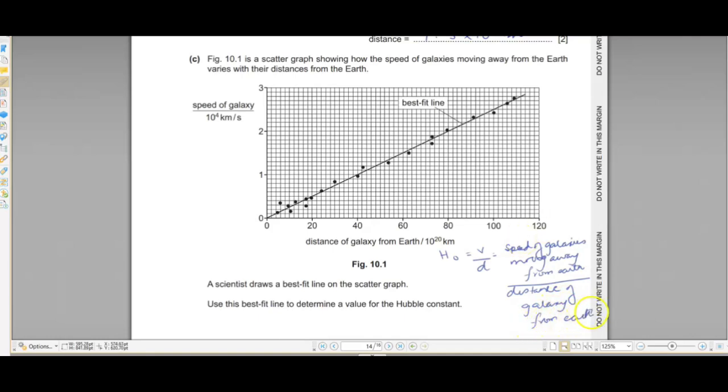Okay, so if we look at the graph, there is speed of galaxy on the y-axis, and distance of galaxy from Earth on the x-axis, but there is this 10 raised to the power 4 and 10 raised to the power 20 over here.